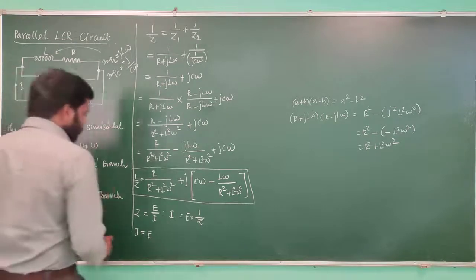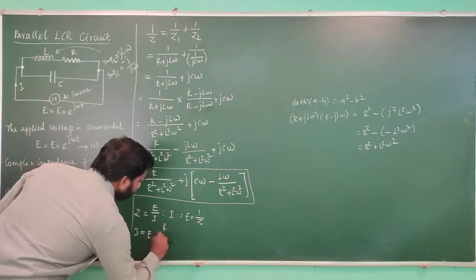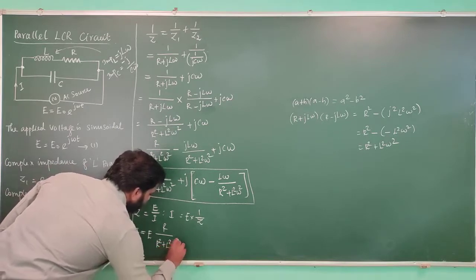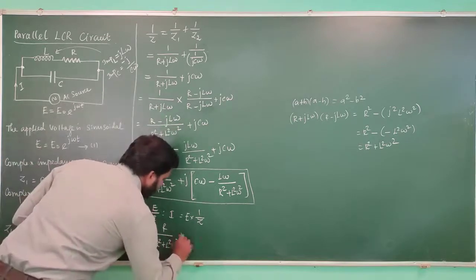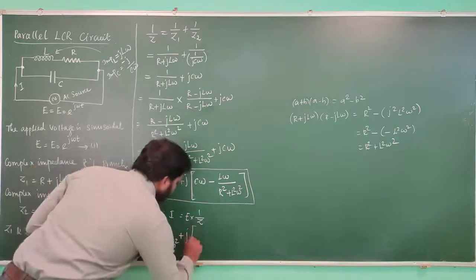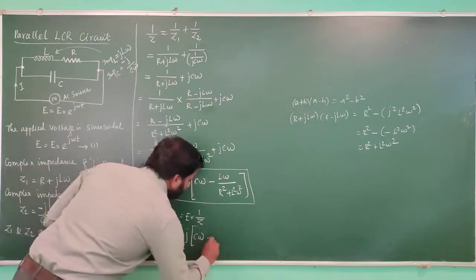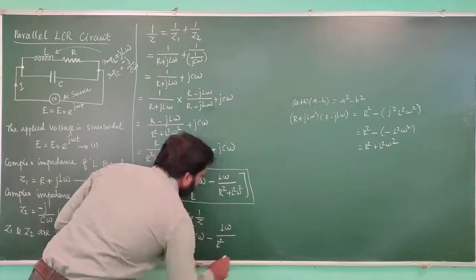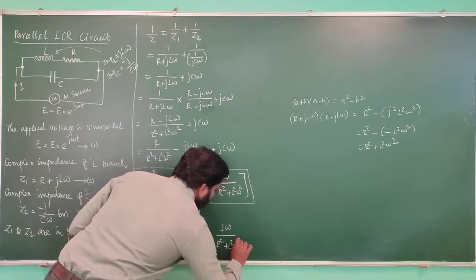Then you can write R by R square plus L square omega square plus j (C omega minus L omega by R square plus L square omega square).